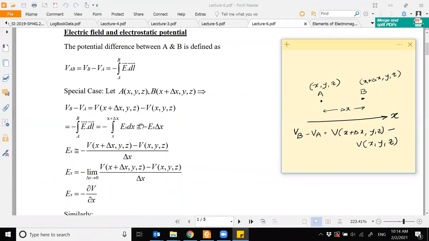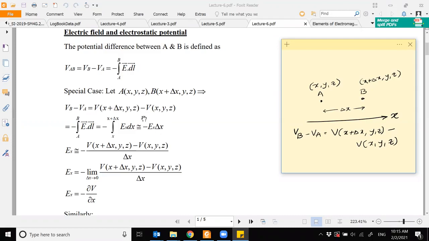This is the answer that we got with this integration, and this is what we have from the other equation, and both are the same.